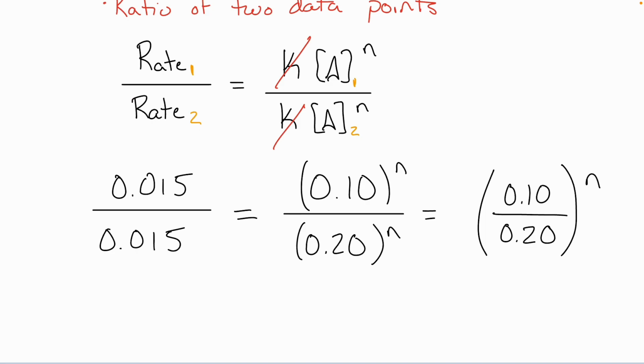And what I'm trying to solve for here is n, right? So algebraically, how do we get those exponents? What am I going to do to both sides? What is it? The log, right? So the magic of logarithms. If I take the log of both of these here, so I'm going to take the log of this side and the log of this side.